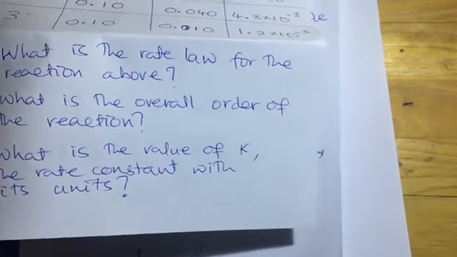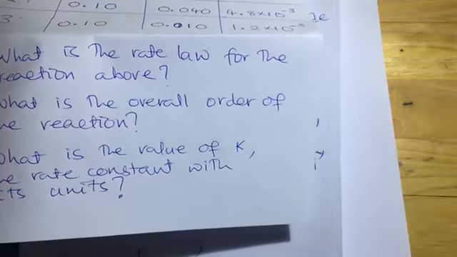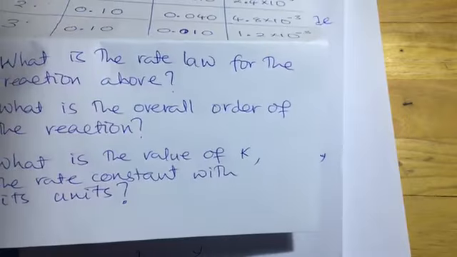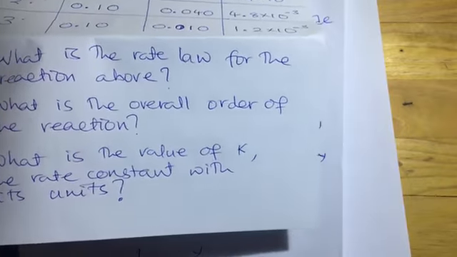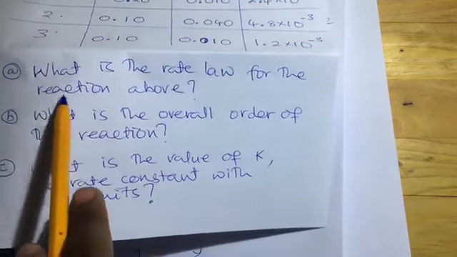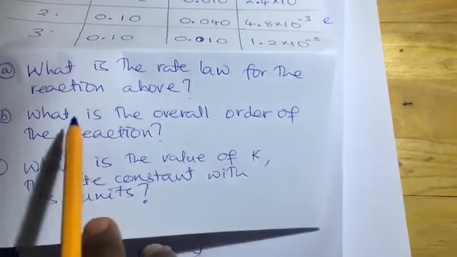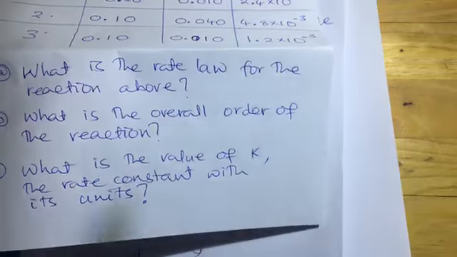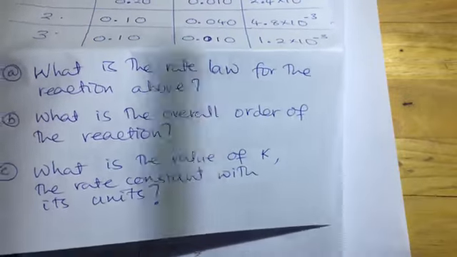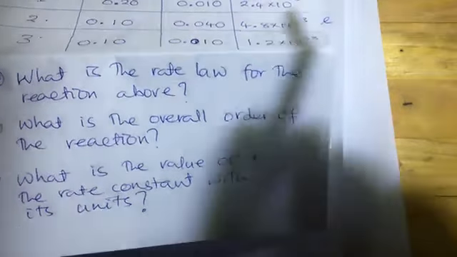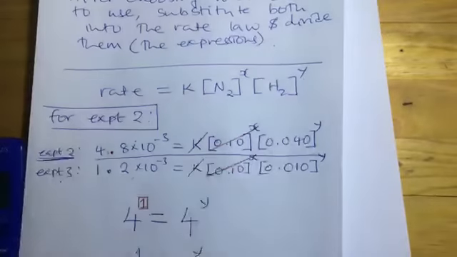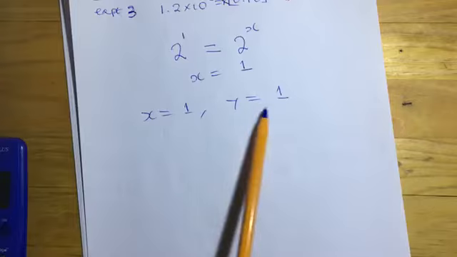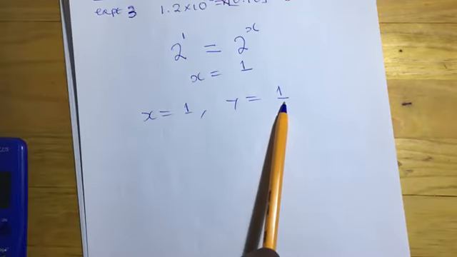You're given data that always works out, so don't worry about such a possibility. So what is the overall order of the reaction? Overall order, I need to find the power x and the power y. Overall order is x plus y. Okay. I know what x is. x is 1, and I know y is 1.